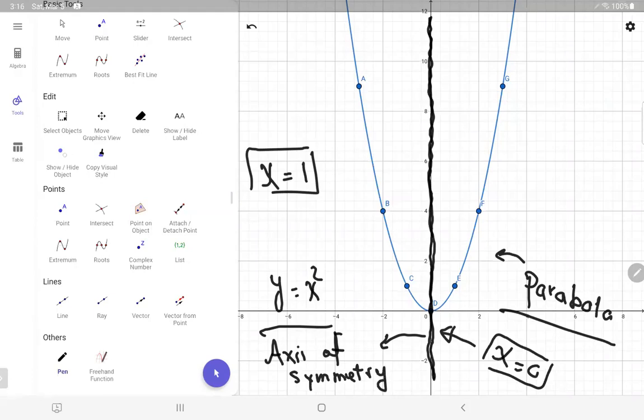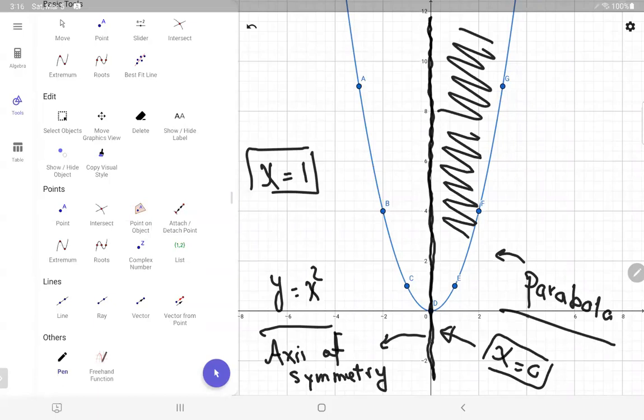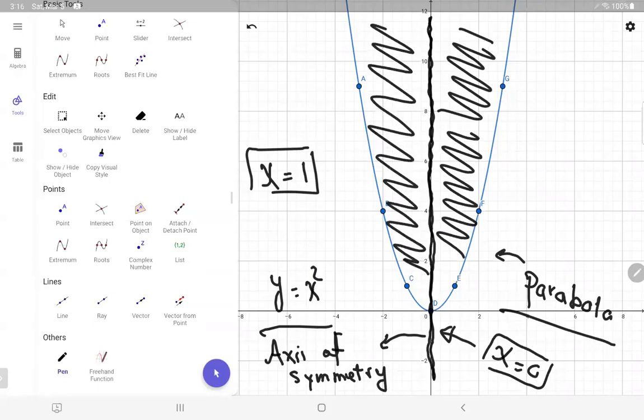Why symmetry? Because the right side of this parabola is symmetrical to the left side of the parabola. That's why we call this line the axis of symmetry.